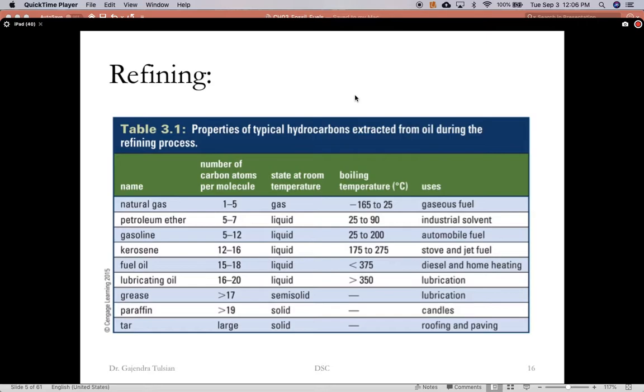Kerosene has compounds that contain 12 to 16 carbon atoms, and the boiling temperature is between 175 to 275 degrees Celsius. Lubricating oil has more carbon atoms, and correspondingly its boiling point is higher.